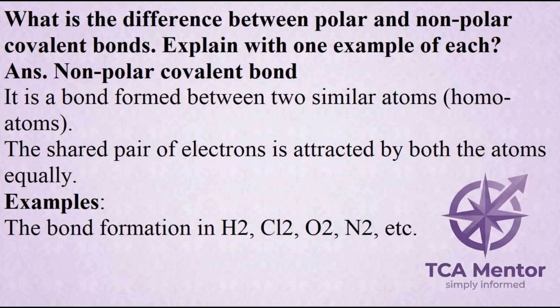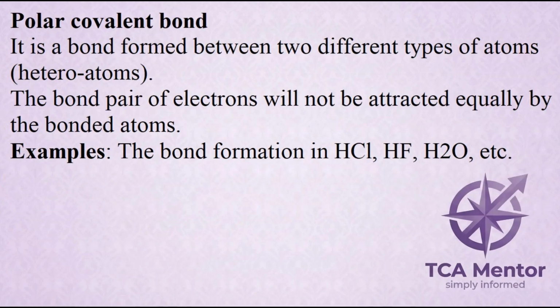Examples: the bond formation in H2, Cl2, O2, N2, etc. Polar covalent bond: It is a bond formed between 2 different types of atoms, heteroatoms. The bond pair of electrons will not be attracted equally by the bonded atoms. Examples: the bond formation in HCl, HF, H2O, etc.